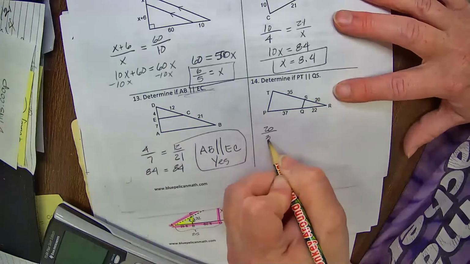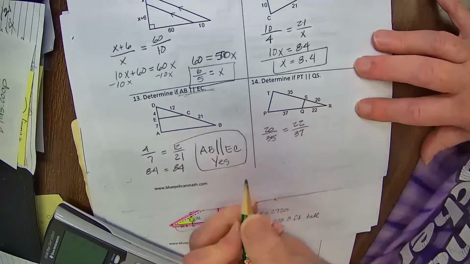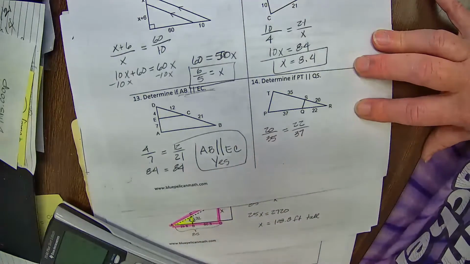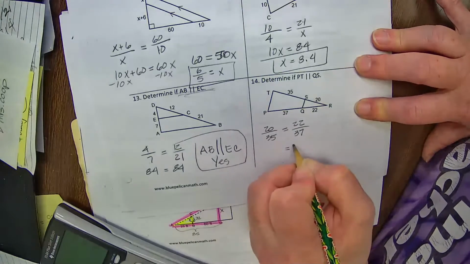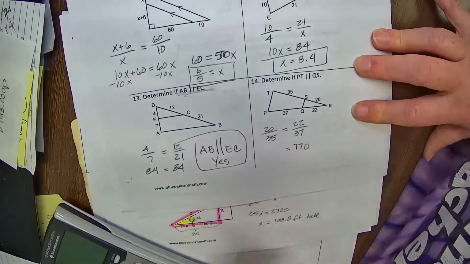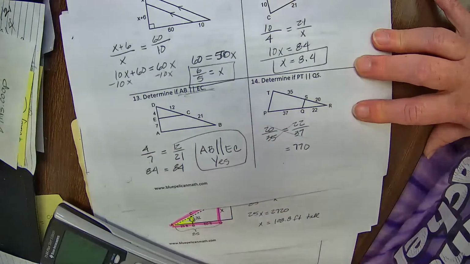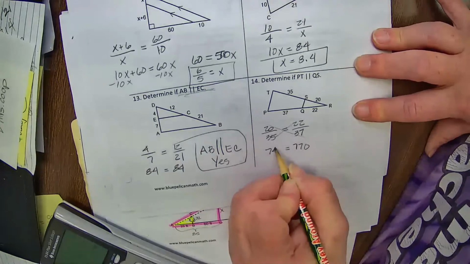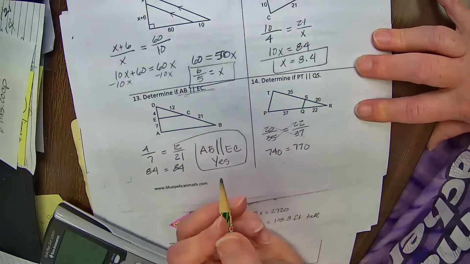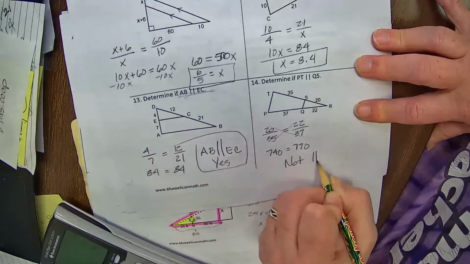Okay. 20 is to 35 as 22 is to 37. 35 times 22, 770, and then 20 times 37, 740. So not parallel.